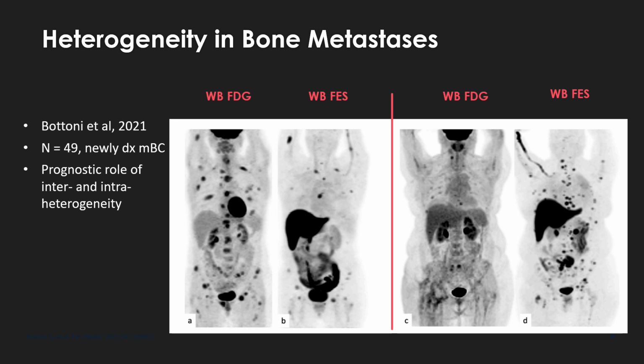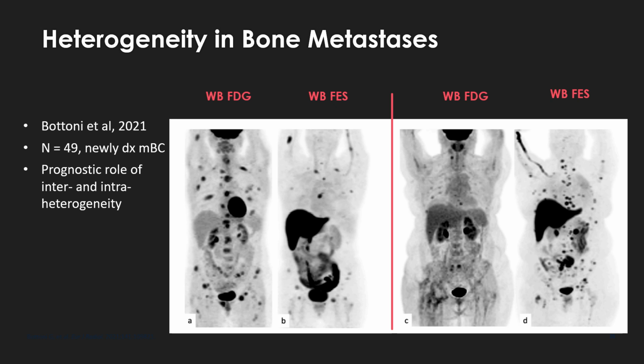This example really also highlights the prognosis for patients who are ER negative versus those who are ER positive. The patient on the left was a 53-year-old woman. FDG detected a lot more of the metastases than the FES study did.